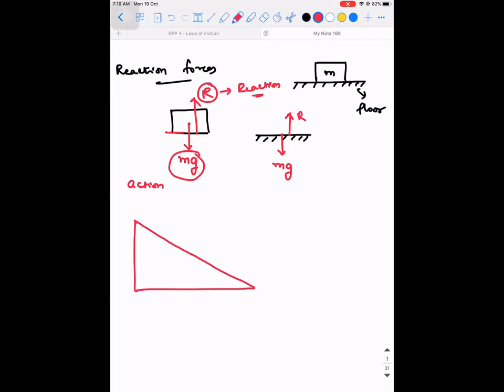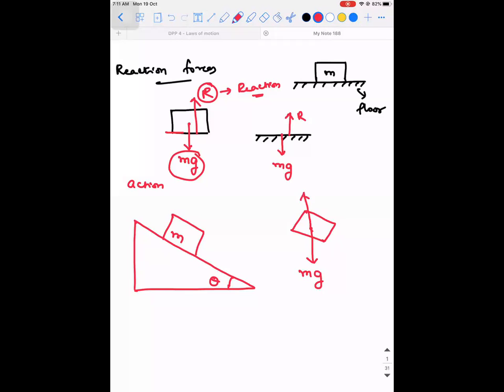Let us say there is a block placed on top of an inclined plane which has an inclination theta. Then what are all the forces acting on it? When you draw a free body diagram of the block, I will draw the arrow marks, and you tell me what they are. What is this arrow mark? mg.